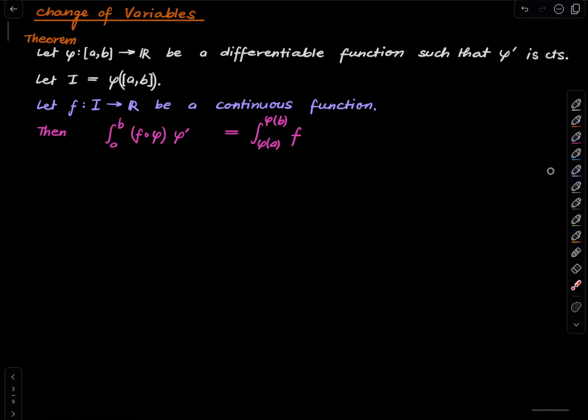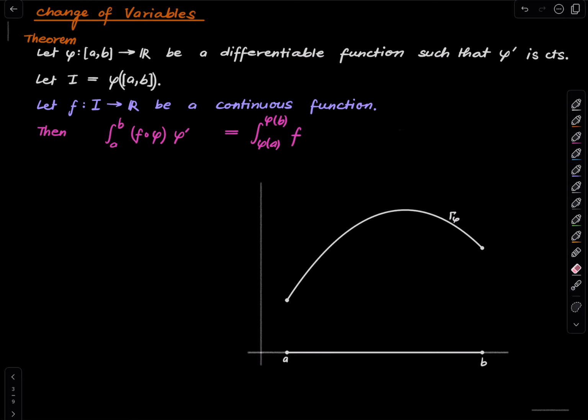Okay, so first let us draw or look at the graph of phi. Suppose this is what phi looks like. It could be much more horrible, but for the sake of understanding, suppose this is what phi looks like. So this is the graph of phi. Now what we have here is the composite of f with phi.